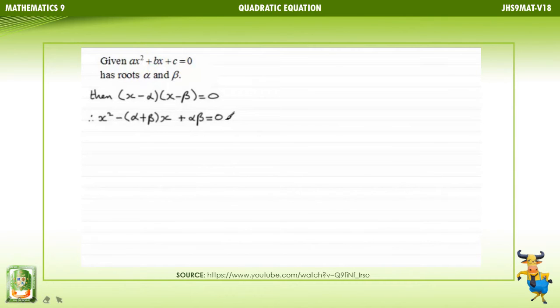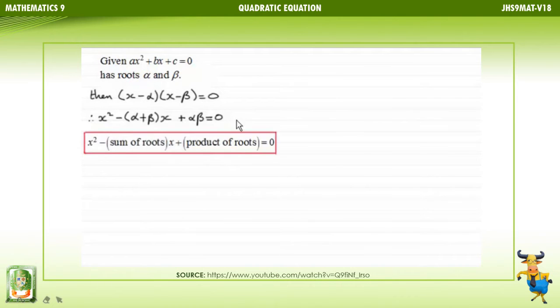Now when it's put in this format, notice how the quadratic equation turns out to be x squared minus the sum of the roots times x plus the product of the roots, and that equals 0. This is something that we're going to be coming back to many times over: any quadratic equation can be expressed in terms of its roots as x squared minus the sum of the roots times x plus the product of the roots, and it equals 0.